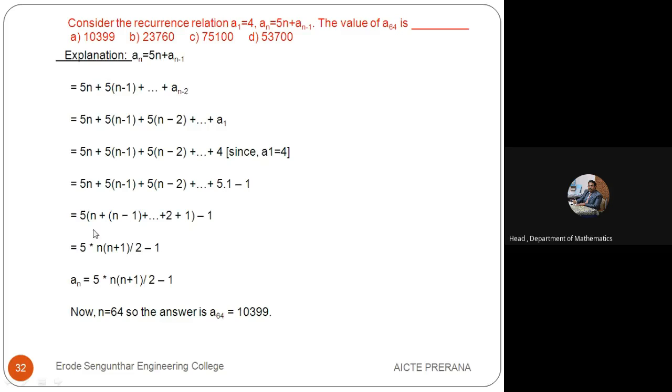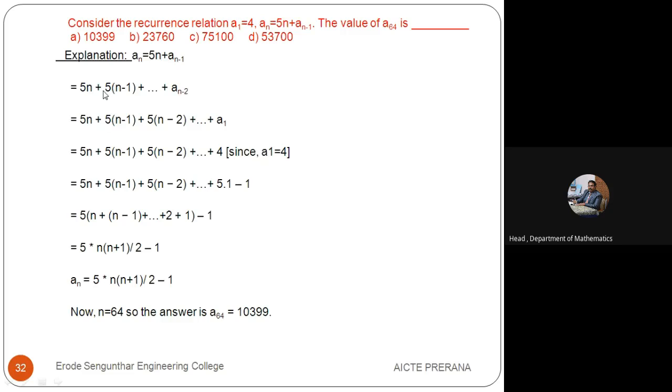The next problem comes under recurrence relation. Here the given recurrence relation is an equal to 5n plus an minus 1. The initial condition is a1 equal to 4. We find the value of a64. This is a non-homogeneous recurrence relation since this term 5n is not a sequence of an. That is, an equal to 5n plus an minus 1.